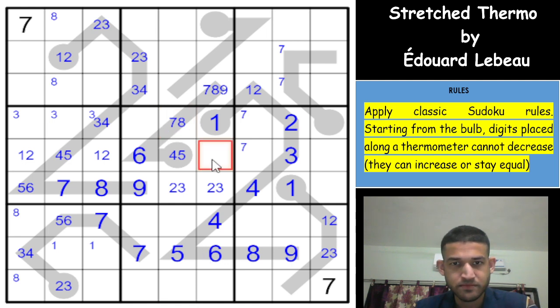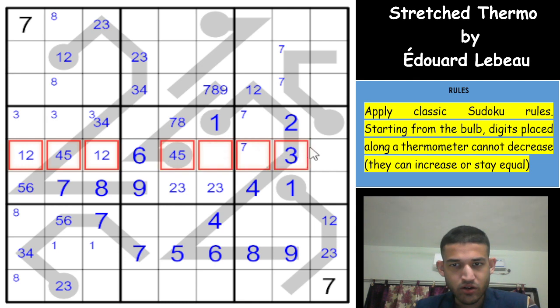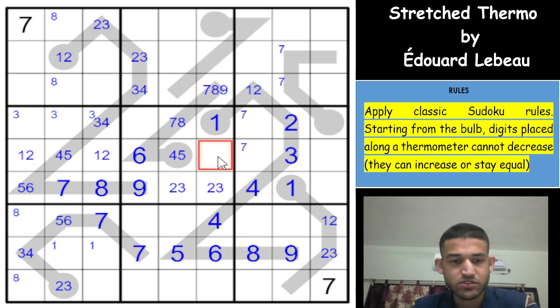And if you look at row 5, you have 1, 2, 3, and 4, 5, and 6. So you get sort of a triplet, the remaining cells, 7, 8, and 9, and 7, 8 pair, 2, 3 pair, 1, 6, and 9 gives me 4 and 5 here.